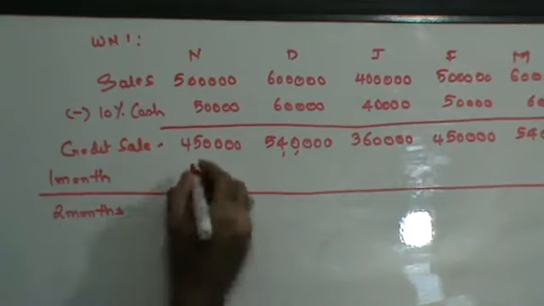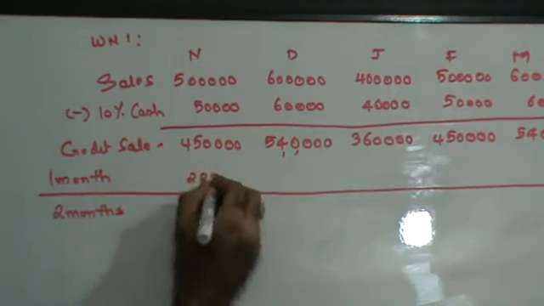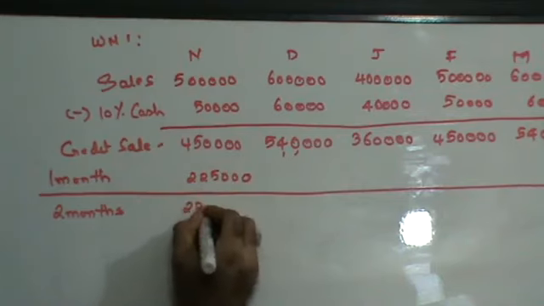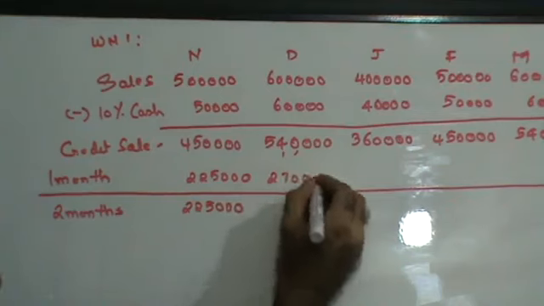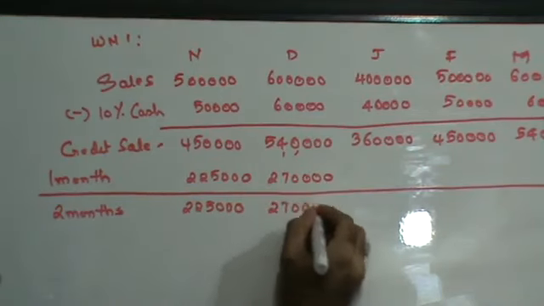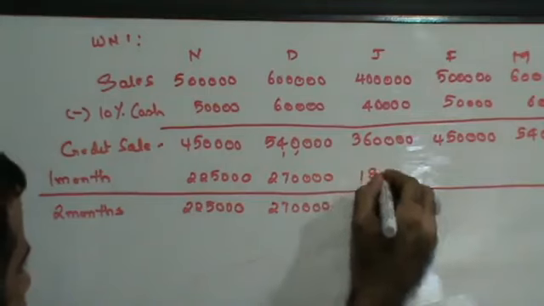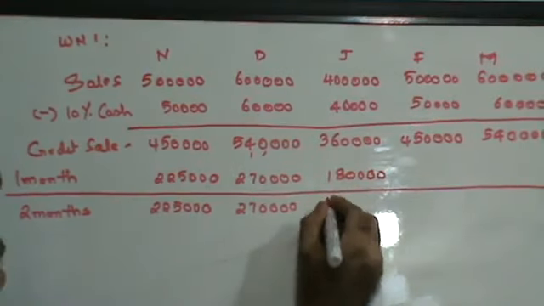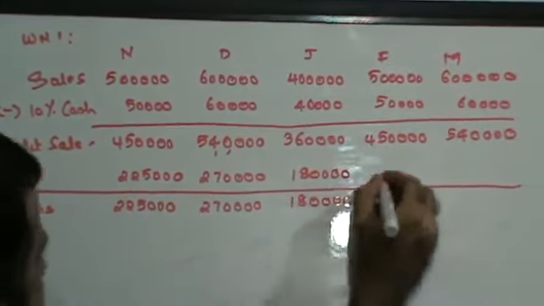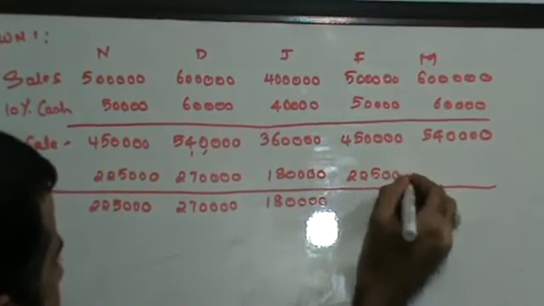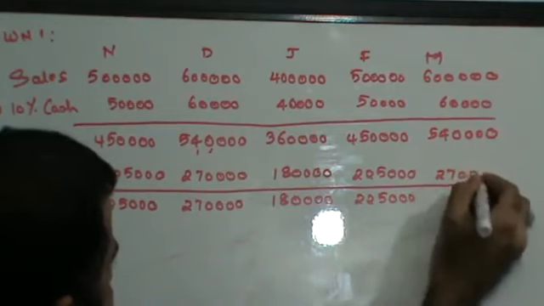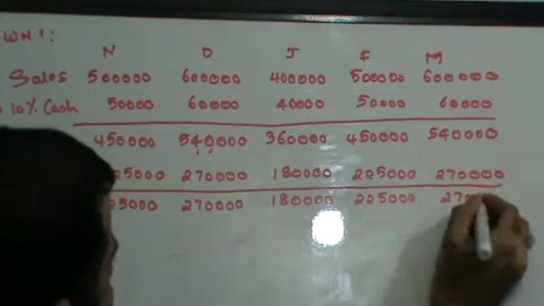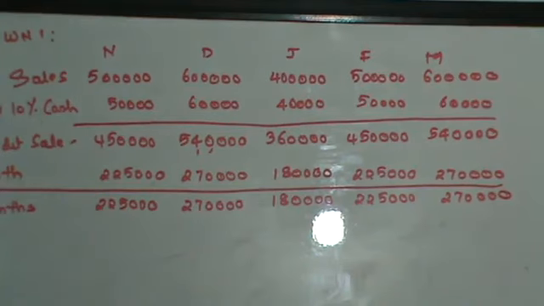So 50%: 2,25,000 and 2,25,000, then 2,70,000 and 2,70,000, 1,80,000 and 1,80,000, 2,25,000 and 2,25,000, 2,70,000 and 2,70,000. Right, now that's it.